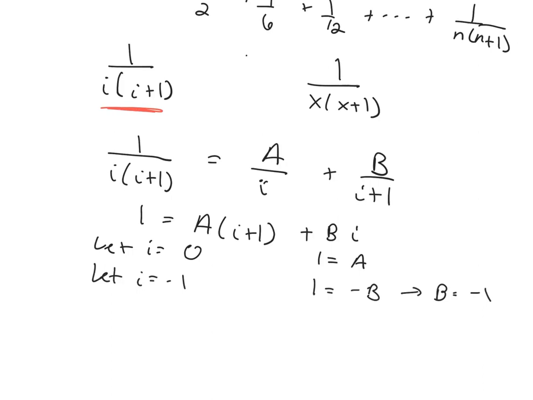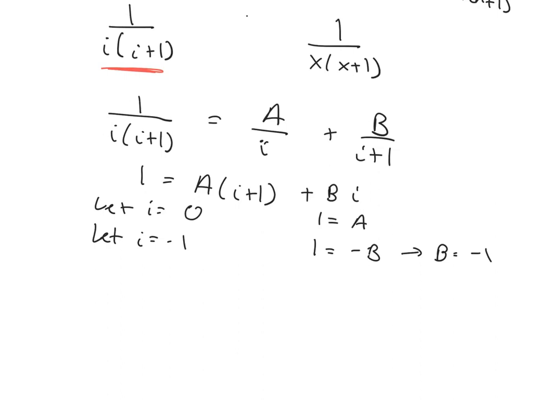I'm just using that to solve for the coefficients. So what I've done now is I've replaced 1 over I times I plus 1 with 1 over I plus negative 1 over I plus 1. Okay?